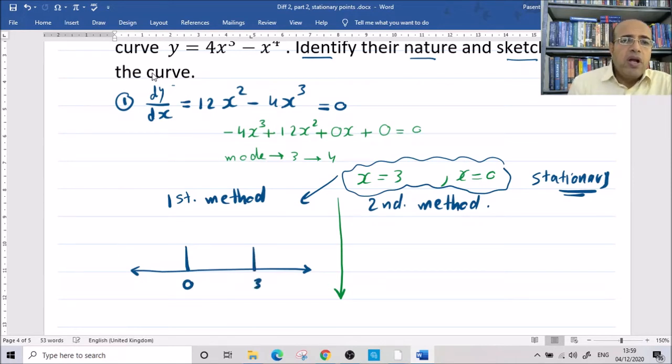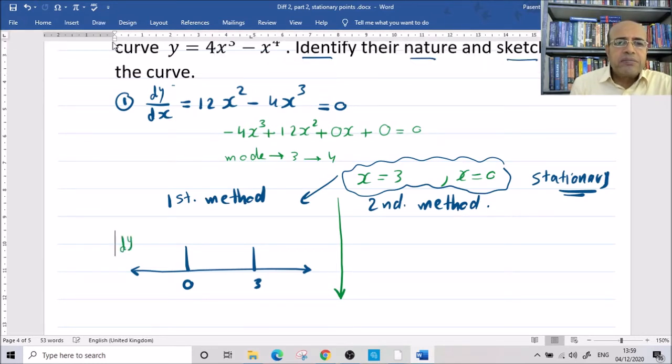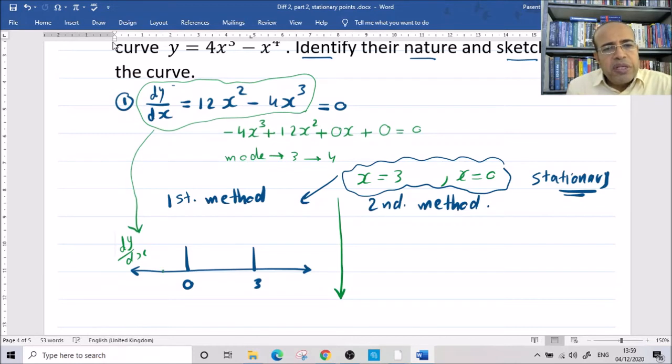We check the sign of dy by dx. So this is dy by dx. How can we check the sign? Choose a number before 0, for example, -1. In that dy by dx, replace x by -1.